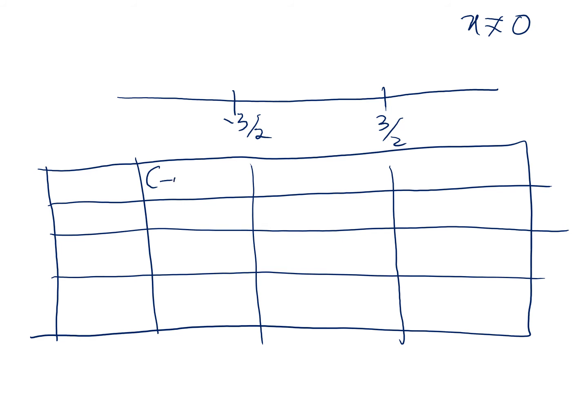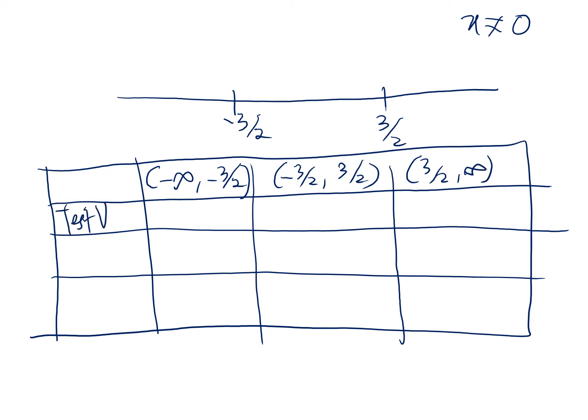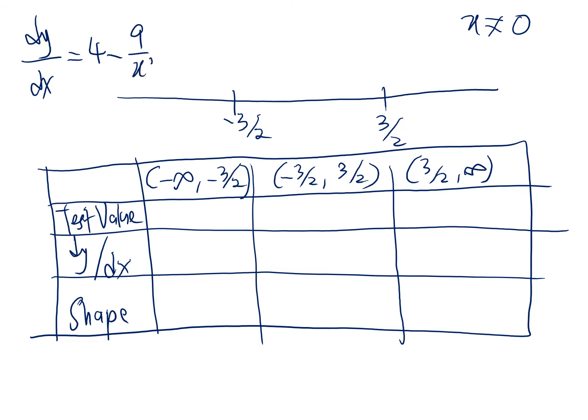Here is negative infinity to negative 3 over 2, while here is negative 3 over 2 to 3 over 2, and here is 3 over 2 to infinity. Here is test value, while here is dy dx, and here is shape. So our dy dx is 4 minus 9 over x squared.